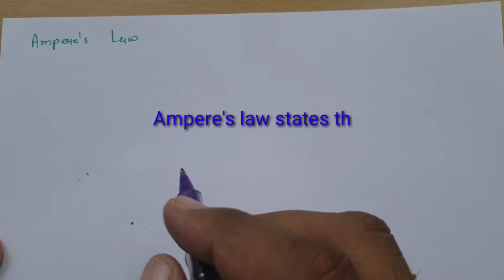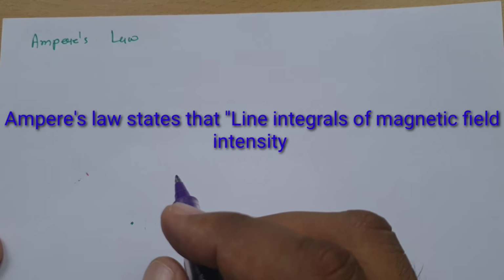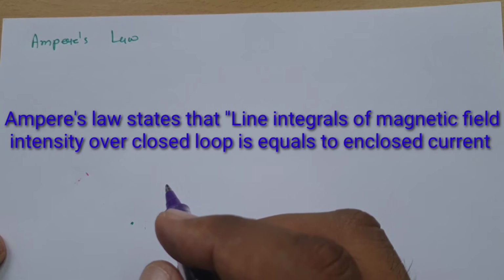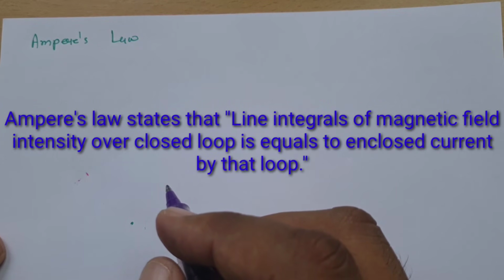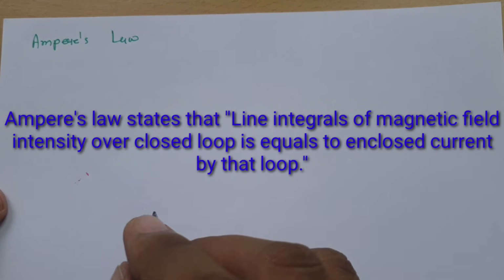Ampere's law explains that the line integral of magnetic field intensity around a closed loop is equal to the total current enclosed by that loop. So let me write that first.